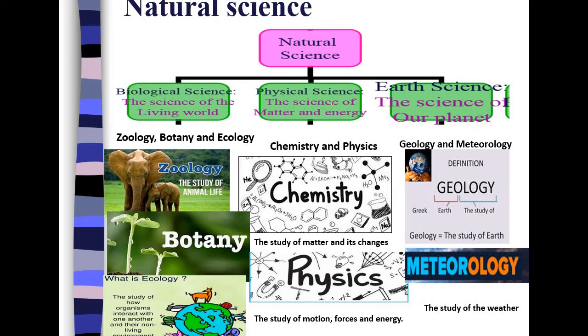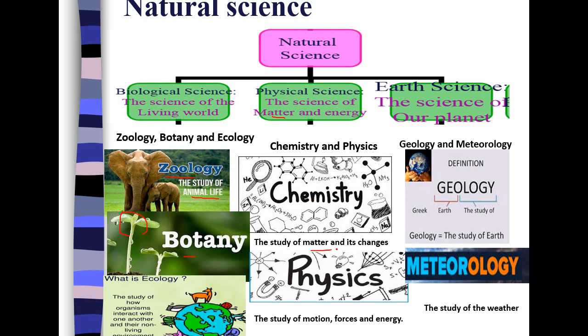Natural science, biological science, the science of the living world, like zoology, the study of animals, botany, the study of plants, and ecology, the study of interaction of organisms. Physical science, the science of matter and energy, like chemistry and physics.